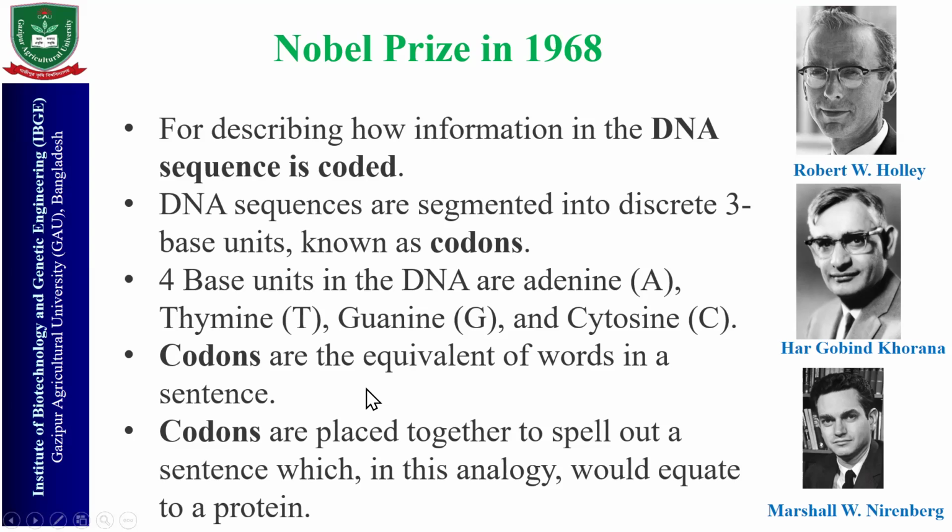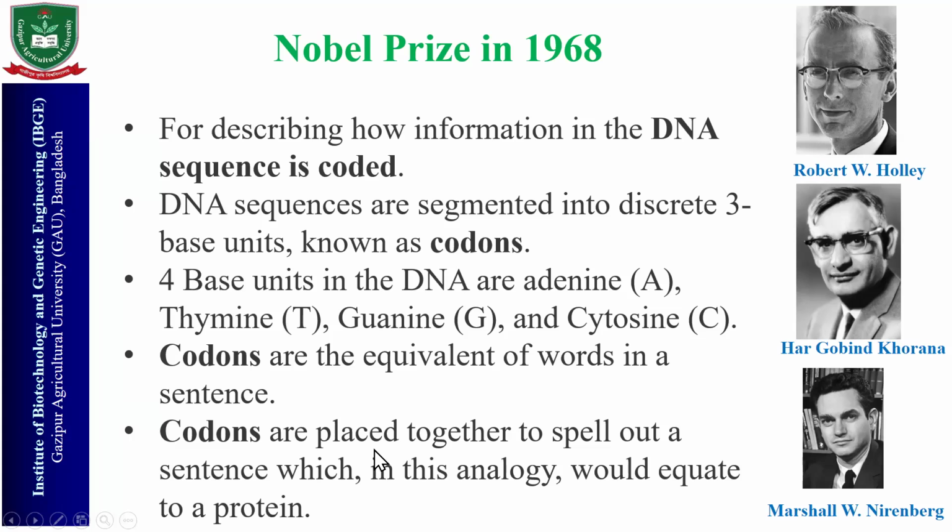So codons are the equivalent of words in a sentence. For example, if you consider DNA a book, then codons are the words of a sentence. In a gene, for example 400 or 1400 base pairs, lots of codons are there. And each codon actually recruits one amino acid during protein synthesis. So codons are placed together to spell out a sentence, which in this analogy would equate to a protein.